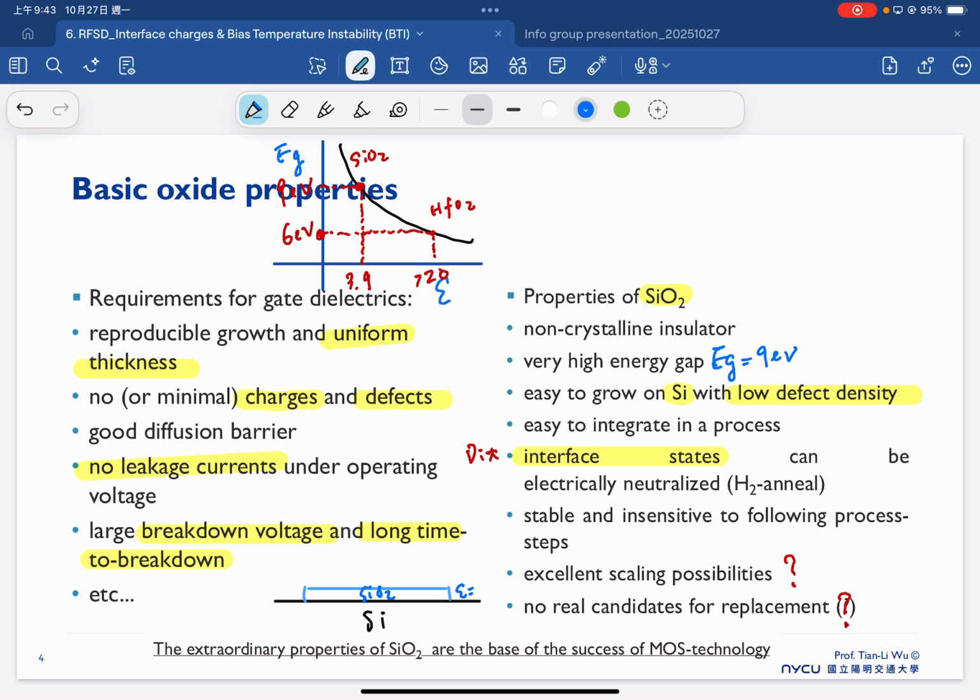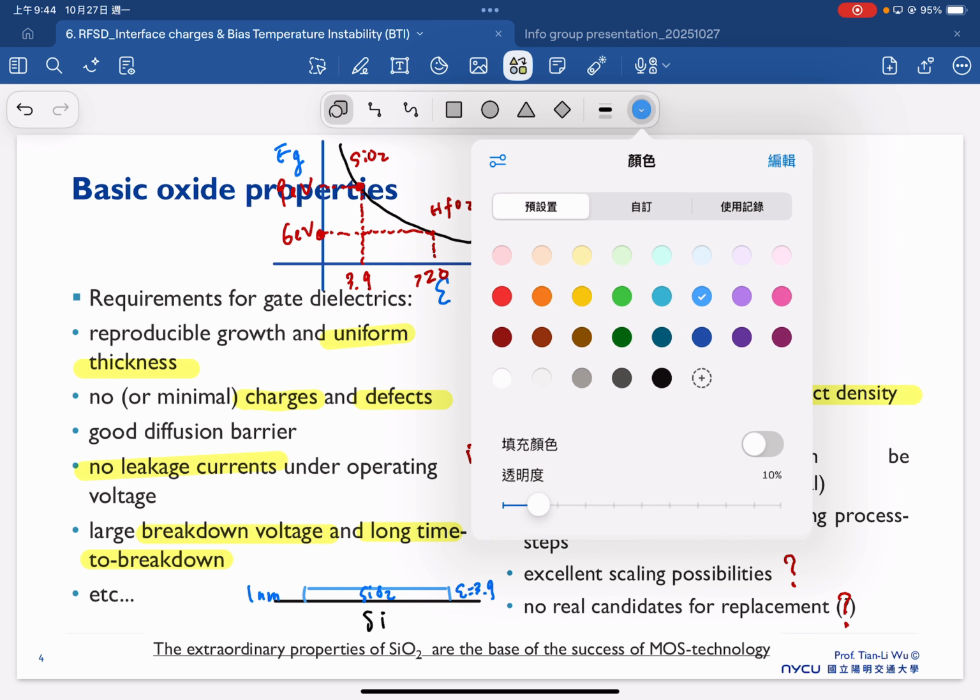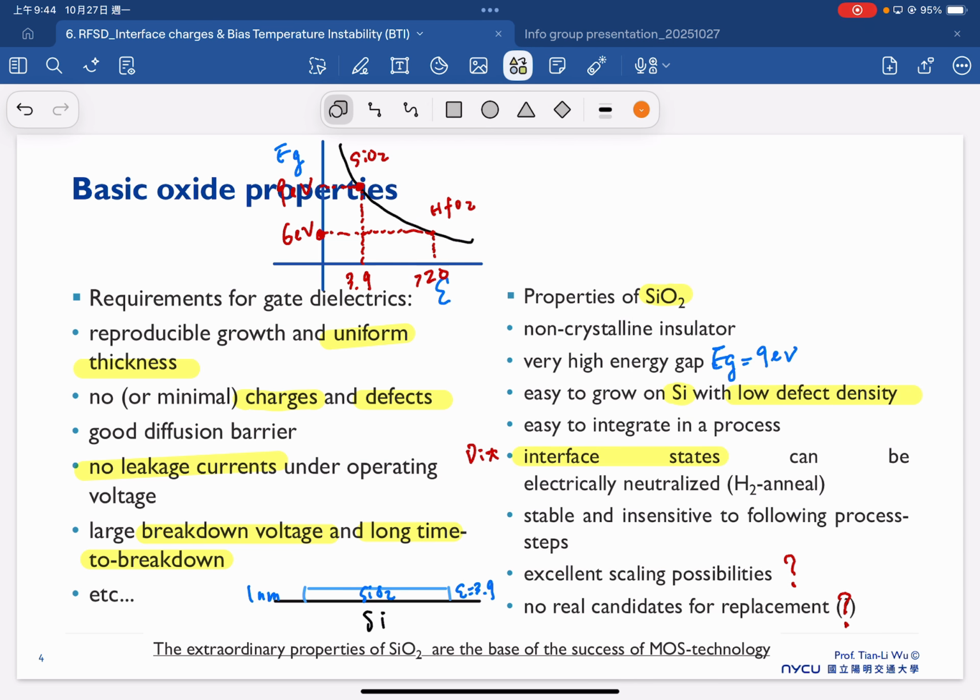Although it has a lower dielectric constant, it has a very large band gap, and we deposit it at 1 nanometer in most cases. But we will also have another dielectric, for example, hafnium dioxide, which has a larger dielectric constant, and that's why we call it a high K material.